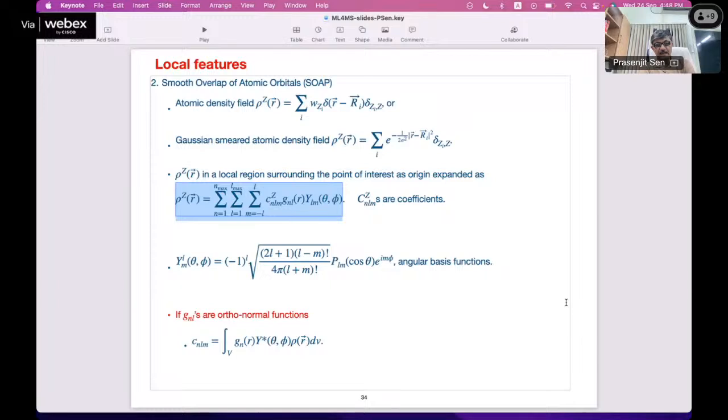If GNLs are orthonormal, then you can find these expansion coefficients by this integral. We have assumed that the g's are real functions, and we will use real functions. The g's are not complex, but YLMs are of course complex.